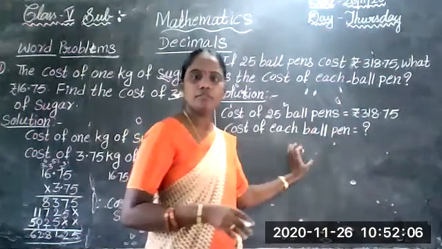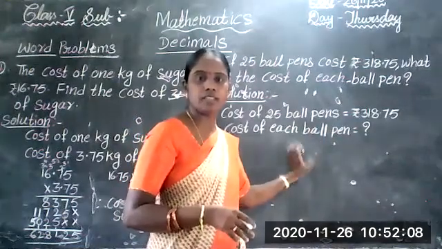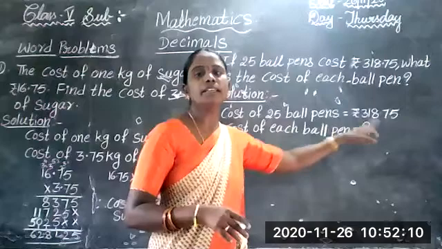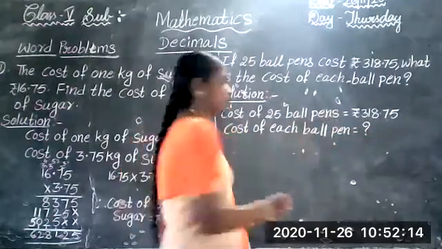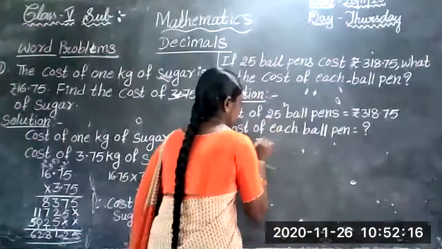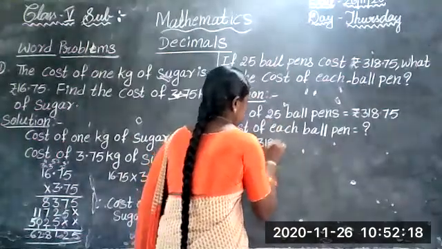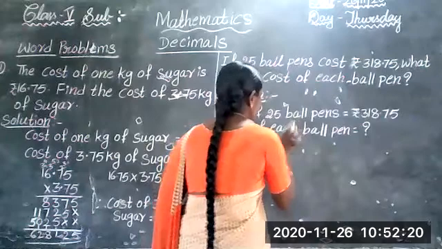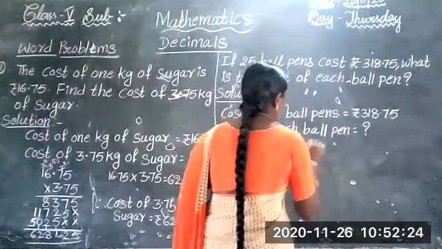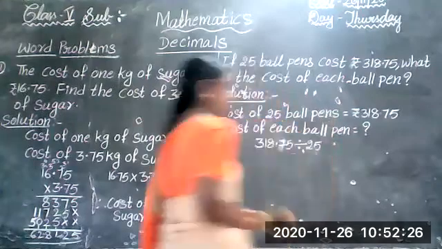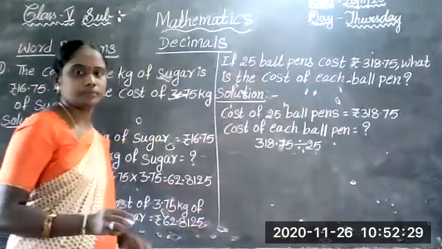So what do we write here? The next step is 318.75 divided by 25. Okay, now do the division.